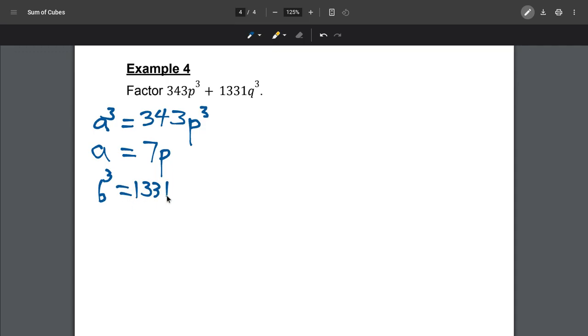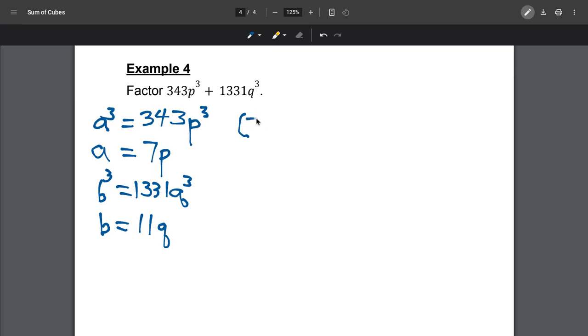B cubed is going to be 1331q cubed. So b, the cube root of 1331 is 11, and the cube root of q cubed is just q. Okay, so b is 11q.